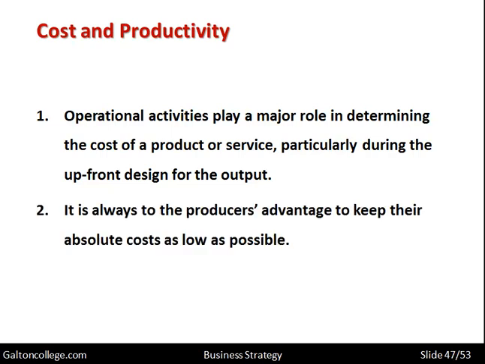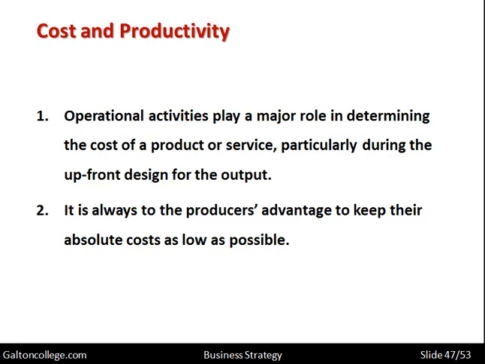It's always to the producer's advantage to keep their absolute cost as low as possible. So the producers are always looking at costs, and by absolute costs, I think what we mean here is total cost, the total cost of running the business.